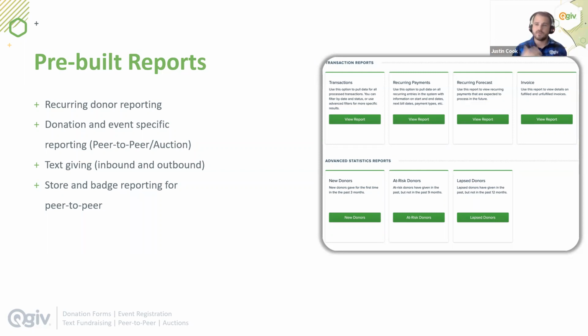And if you are looking for those advanced statistics, you can also use that within our dashboard, our secure platform. And we have all these other ones like text giving if you use it, donation and event specific reporting like peer-to-peer and auctions. If you're using peer-to-peer and you want to look at how your store performed or how badges are doing, there's a lot of different pre-built reports within our platform that your organization can utilize.